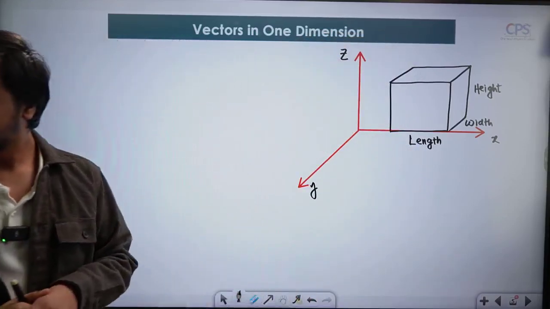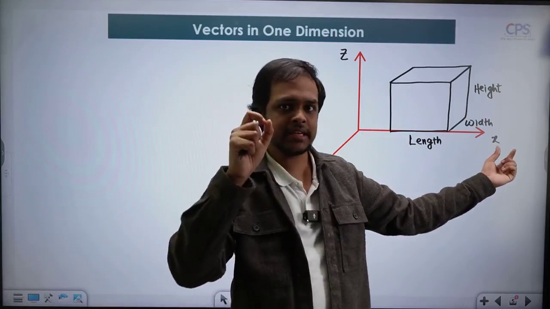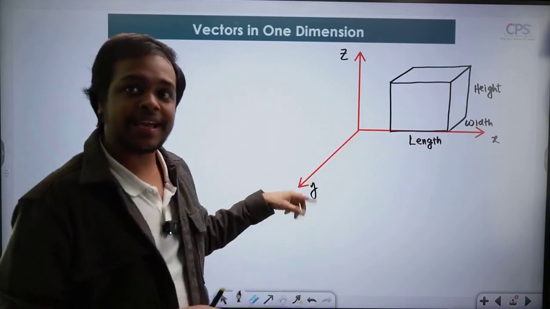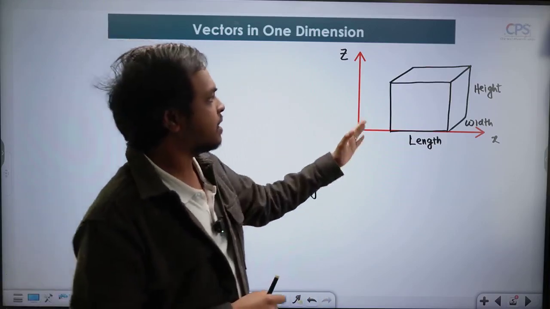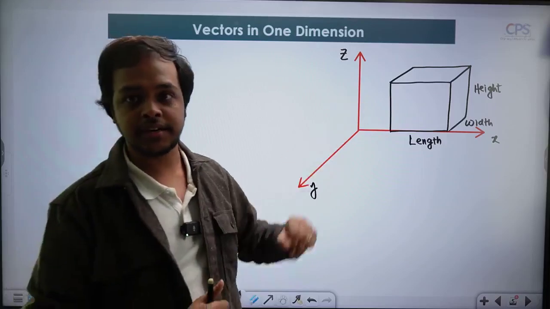So the length lies in the x dimension, that's one dimension. The width lies in the y dimension, that's another. And the height lies in the z direction, that's another dimension.